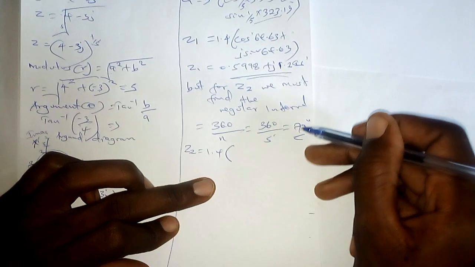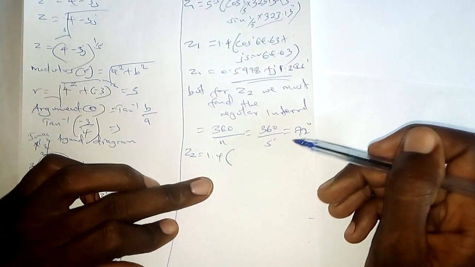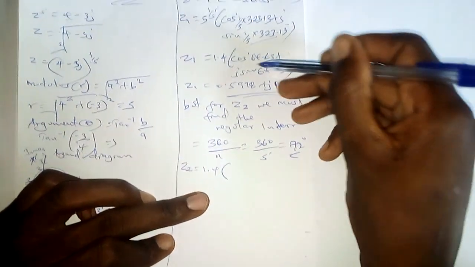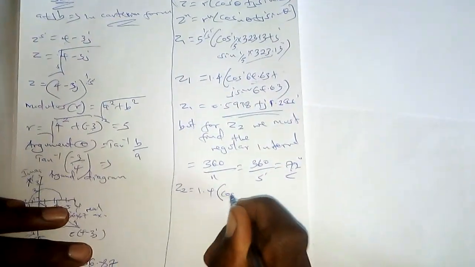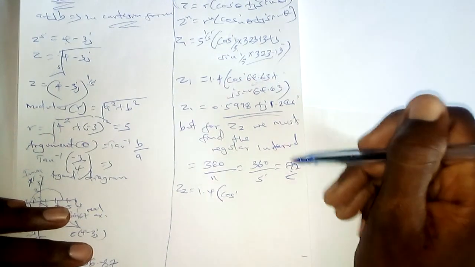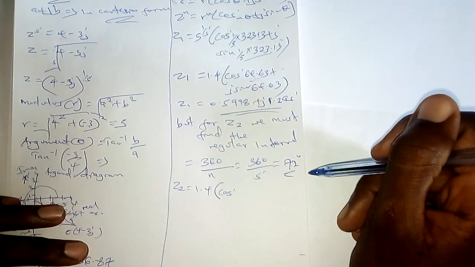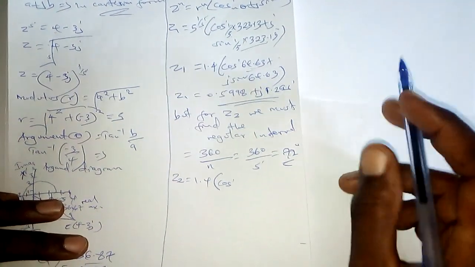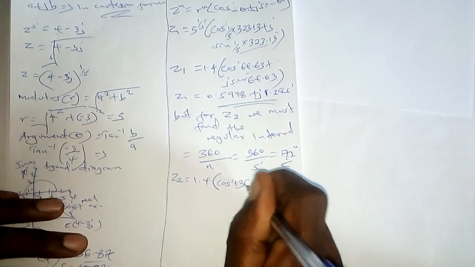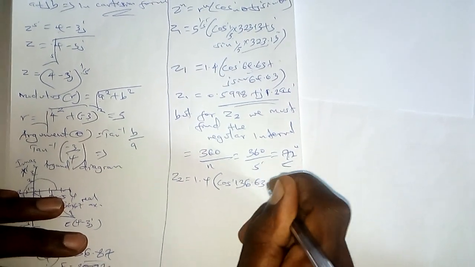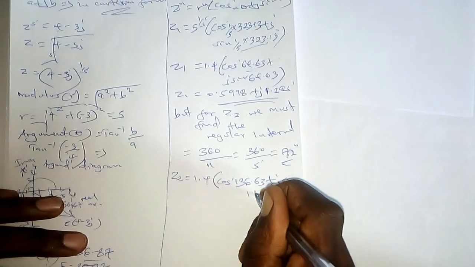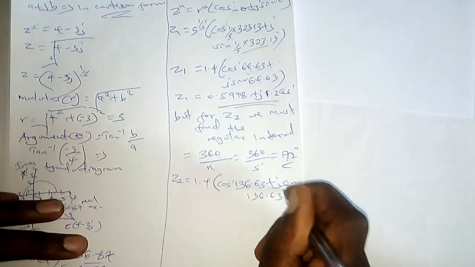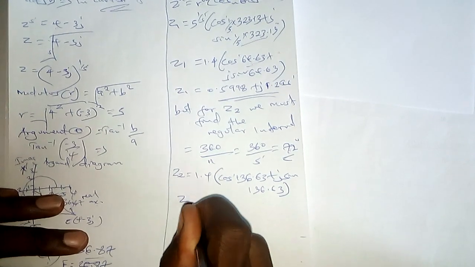You add 72 to this angle to get another root. So it will be cos of 64.63 plus 72, that is 136.63, plus j sin 136.63.